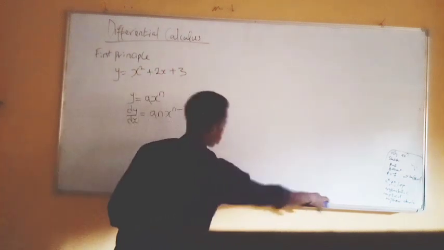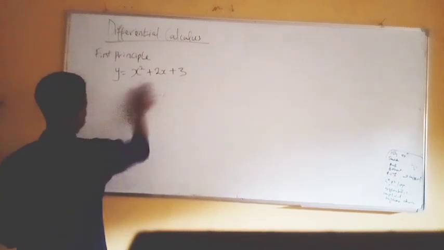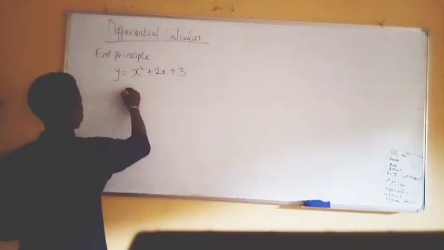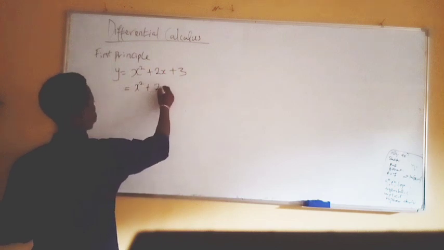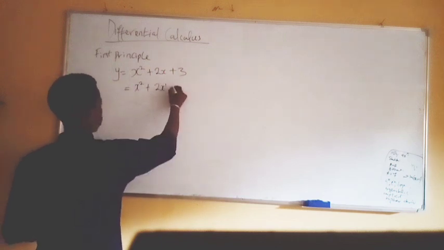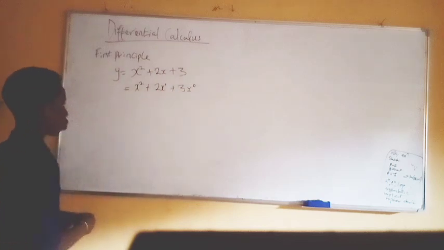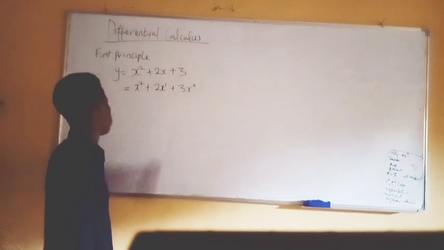So we can rewrite this polynomial for easy explanation in this format: x squared plus 2 times x to the power of 1 plus 3x to the power of 0. Of course, by the laws of indices, anything to the power of 0 is 1.